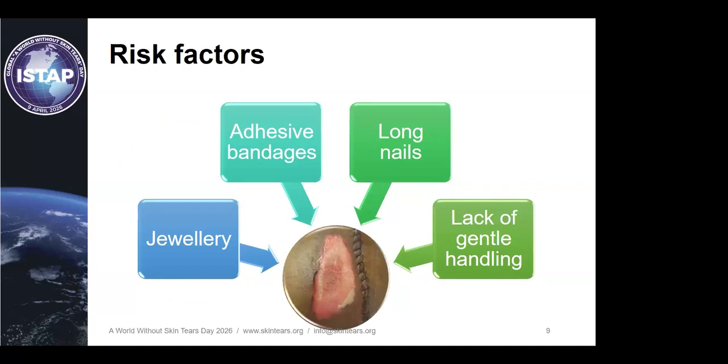Furthermore, they found that the use of adhesive bandages, the wearing of jewelry by clinicians, or the presence of long nails, whether of the clinicians or caregivers, as well as lack of gentle handling, also predispose individuals to skin tears.